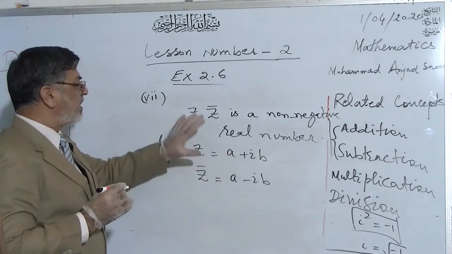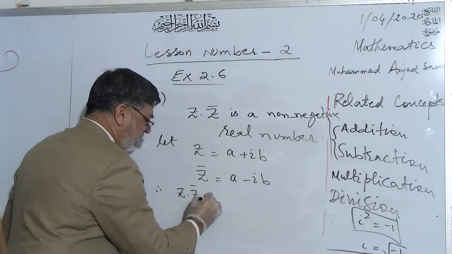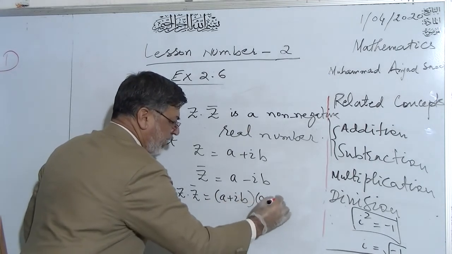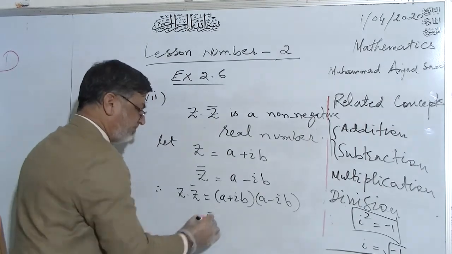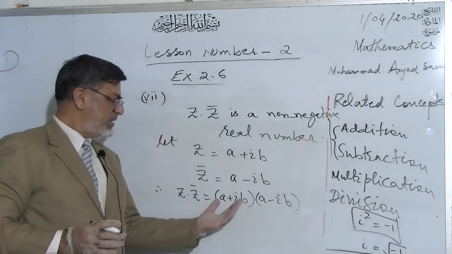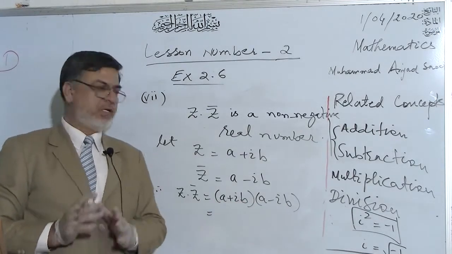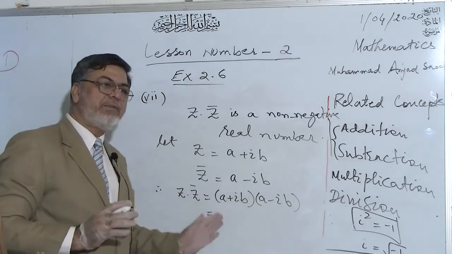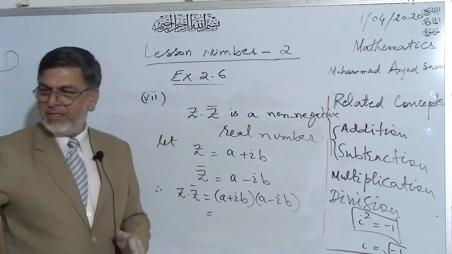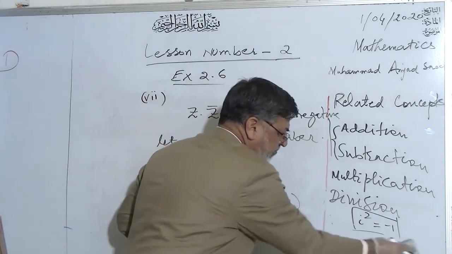Using these values here, z into z bar is equal to a plus iota b into a minus iota b. You can multiply them if you don't know about the formula, but I am telling you about the formula which you already have.